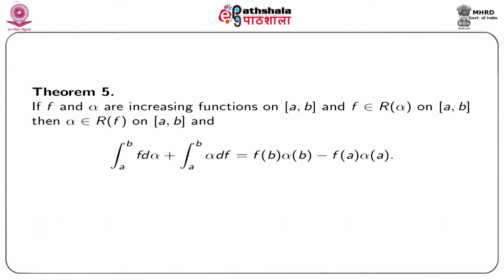We now just state this theorem without going into the proof. If f and alpha are increasing functions on closed interval [a, b] and f is Riemann-Stieltjes integrable with respect to the integrator alpha on [a, b], then alpha is also Riemann-Stieltjes integrable with respect to integrator f on [a, b], and we have integral a to b f d alpha plus integral a to b alpha df is equal to f(b) alpha(b) minus f(a) alpha(a).